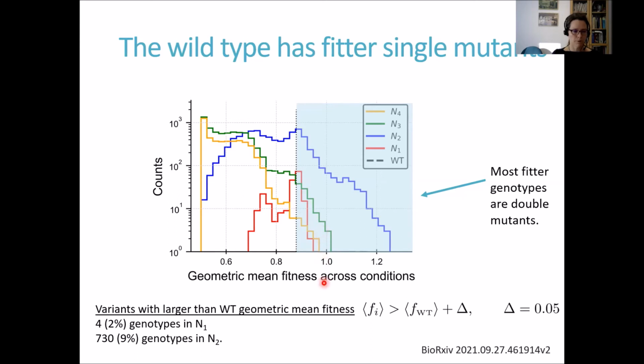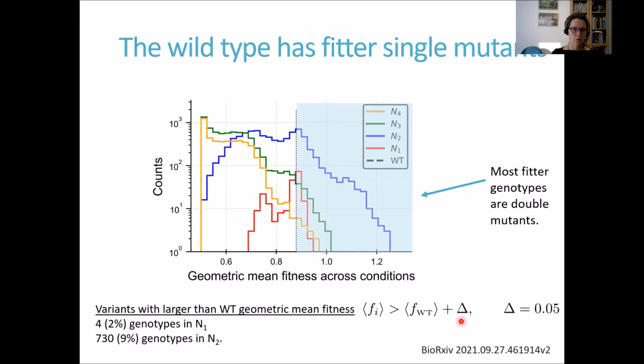Okay, so to put numbers here, in N1, the single mutants, we found 4 different genotypes. And in N2, the double mutants, we found 730 different genotypes, that are 9% of those that were measured, which have a geometric mean fitness larger than that of the wild type plus some delta. So we took this delta as a margin just because of the experimental error.